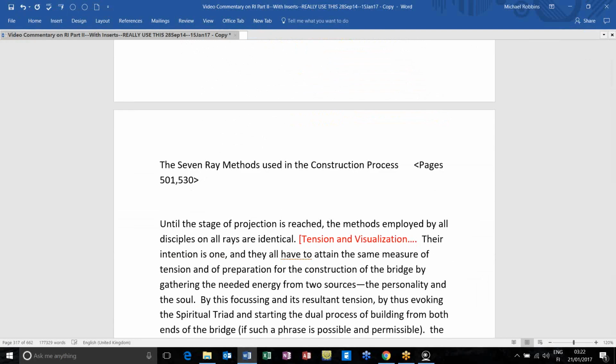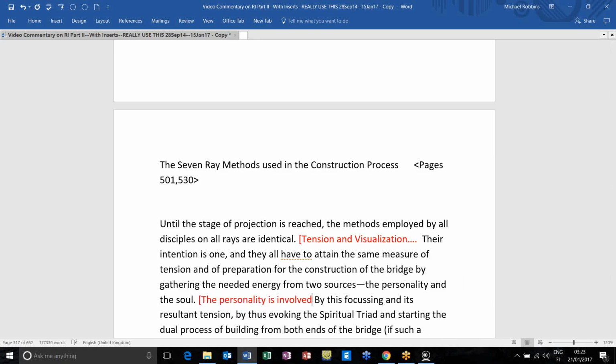Their intention is one, and they all have to attain the same measure of tension and of preparation for the construction of the bridge by gathering the needed energy from 2 sources, the personality and the soul. And we have to remember that when we're creating that point of tension on the mental plane, the personality is involved in creating the point of tension on the mental plane.